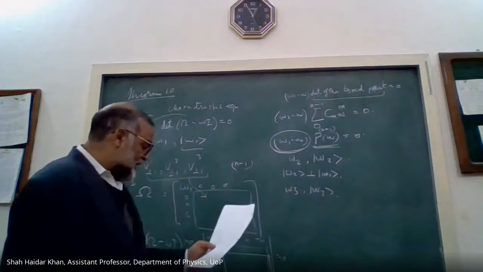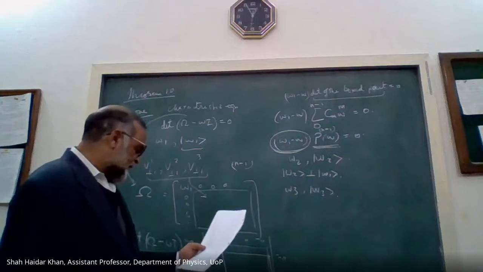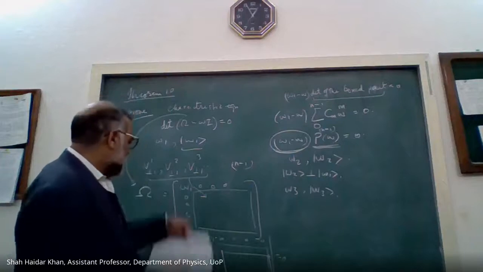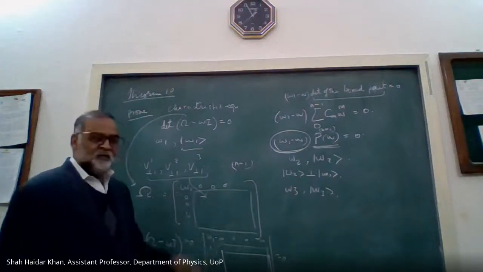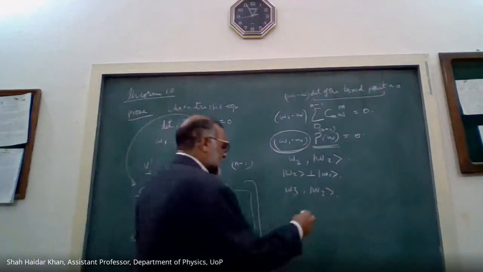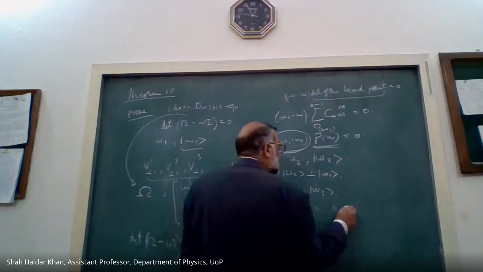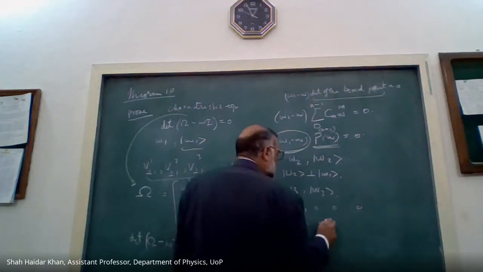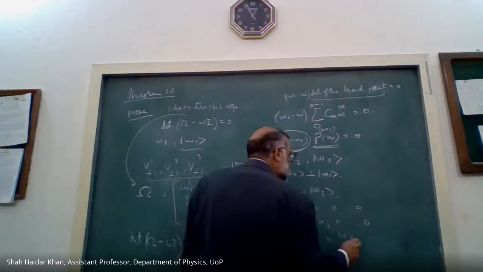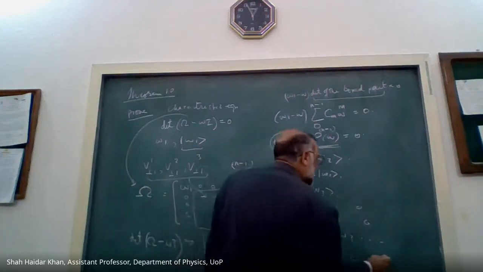Right? So, in this way, if we find all the eigenvalues, omega 1, we find all the omegas, they come like this. Omega 1, 0, 0, 0, 0, omega 2, 0, 0, 0, 0, omega 3, and here 0, 0, 0, omega.